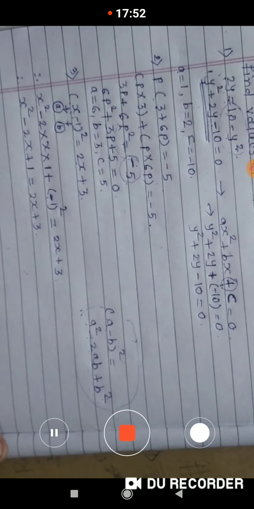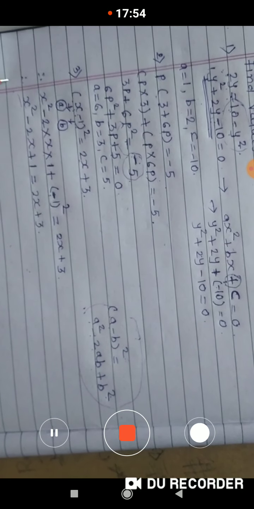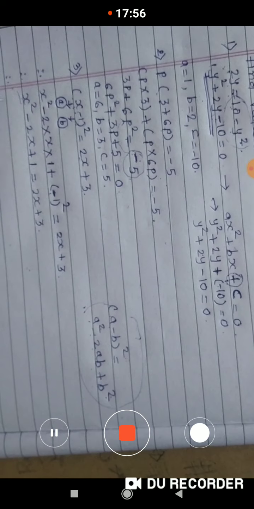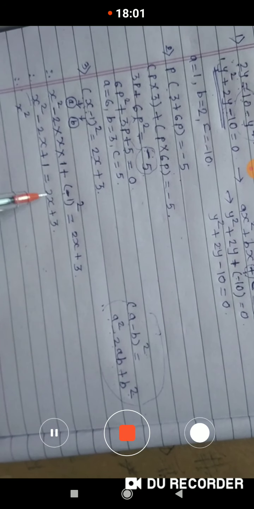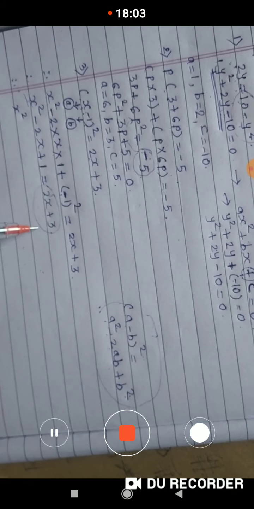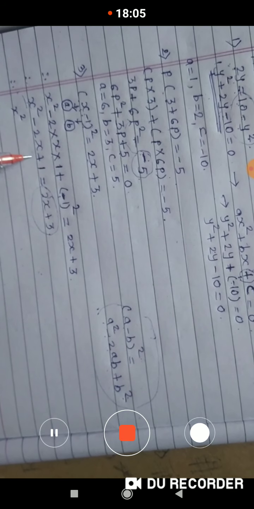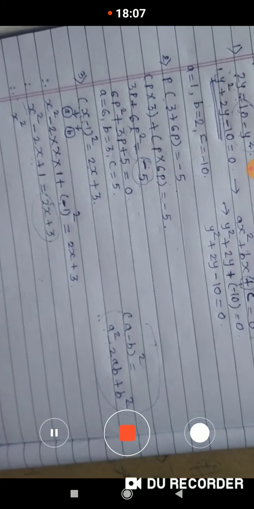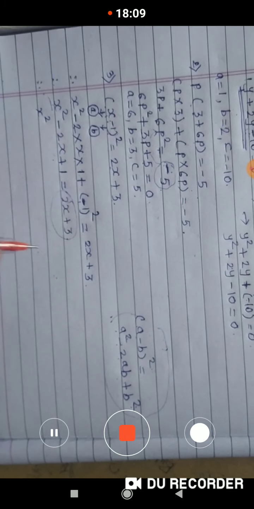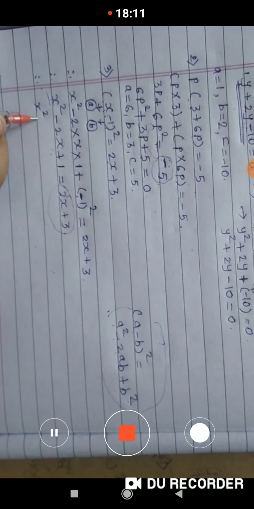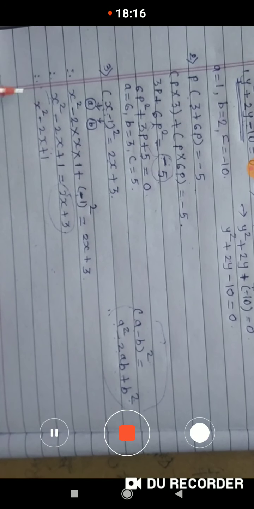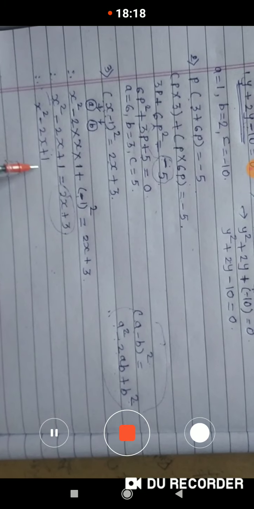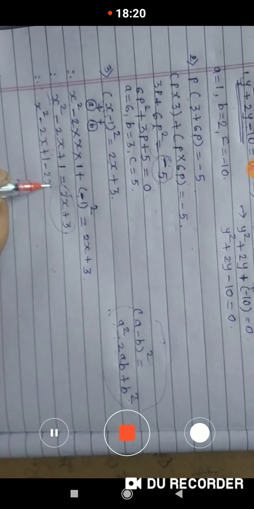Understand? Now see students, this x square is written as it is. Okay, now all the terms on the right side are transferred toward the left side, so their sign should be changed. Understand? That means here we can write twice x plus 1. This is written as it is. Plus twice x becomes minus twice x.